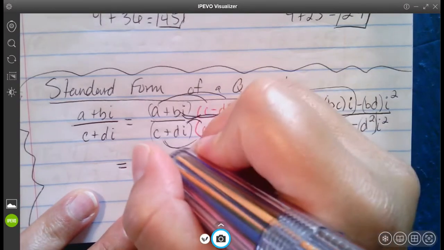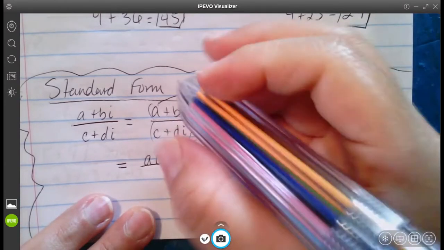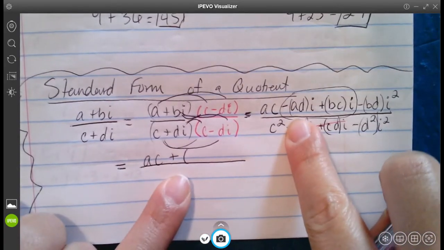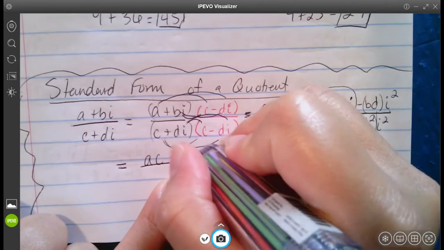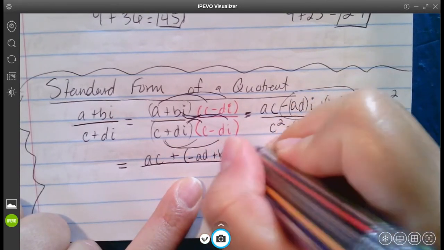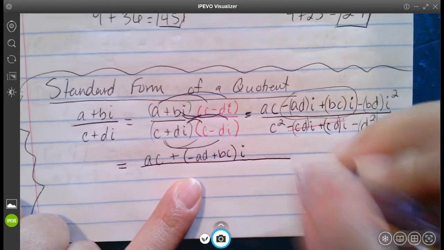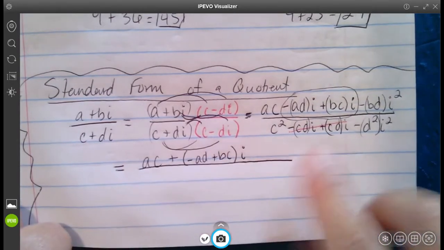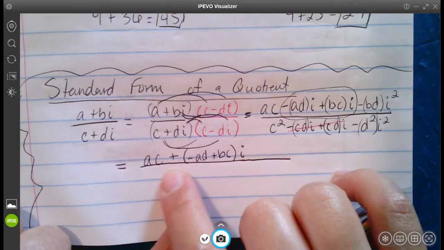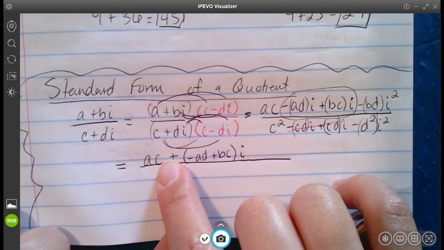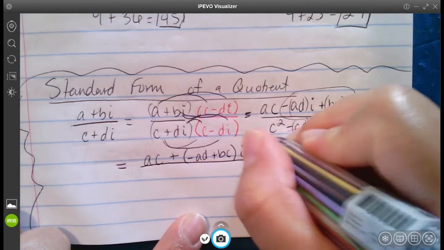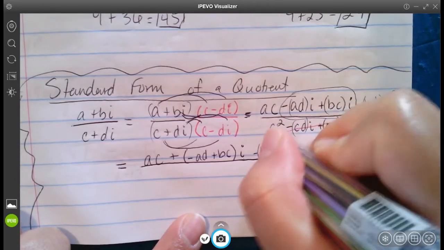I'll go ahead and show you the steps. So it would be plus, okay, a negative ad plus bci. So all I'm doing is I'm kind of like factoring out the i, okay? And I just put a plus because I don't want to make things anything weird with the signs. So I just copied the sign so far, okay? And then we have minus bd.